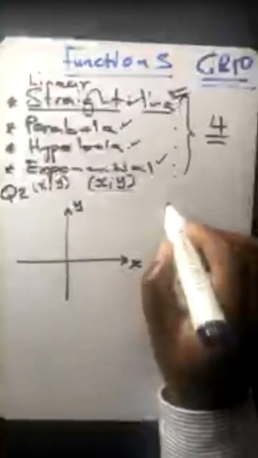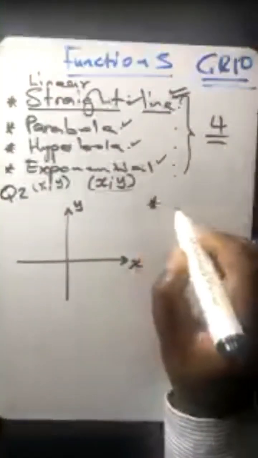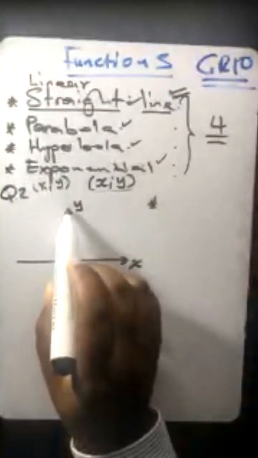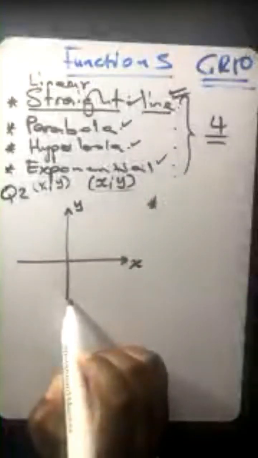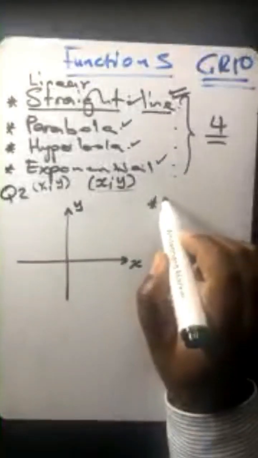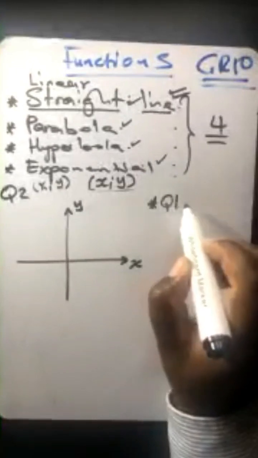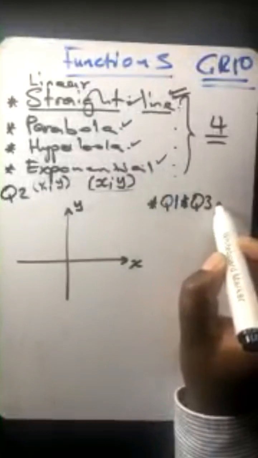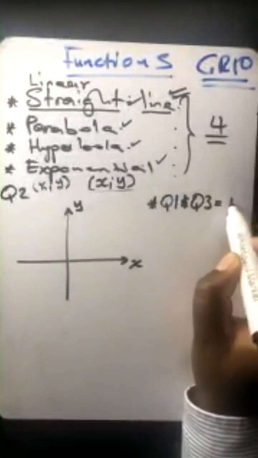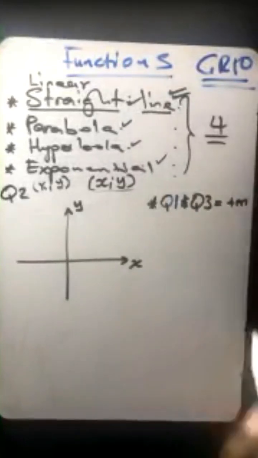This is what I was about to summarize. For a straight line that either starts or ends in this quadrant and that quadrant, so that means a straight line that passes through quadrant number 1 and quadrant number 3, they always have a positive gradient.